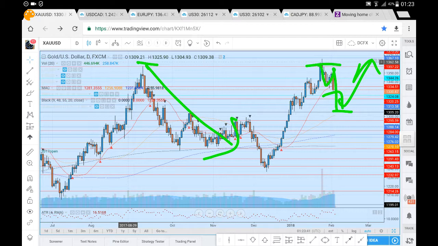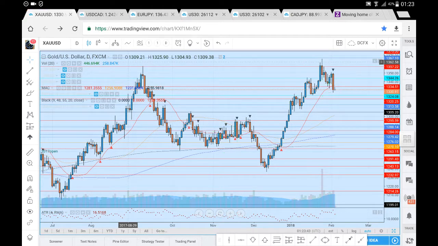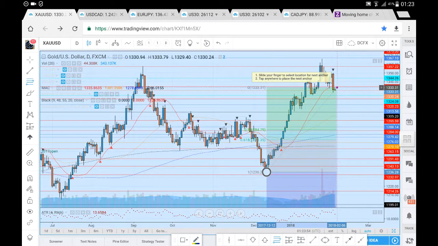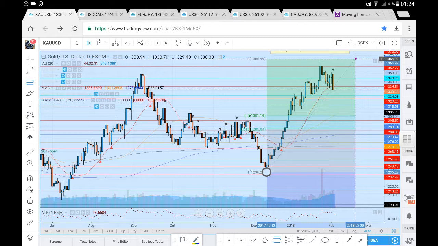Now if we were to stick a Fibonacci on here, although I'm not really a Fibonacci trader, if we were to draw the Fibonacci outwards, let's just get this right.